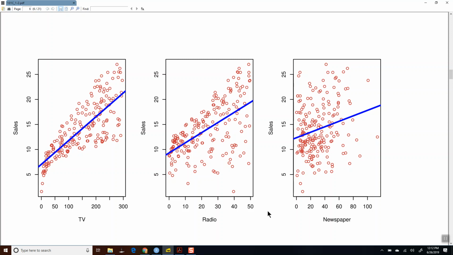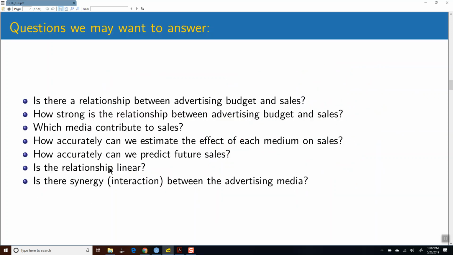We can see that as more money is spent on TV advertising, sales go up. As more money is spent on radio ads, sales tend to go up. Newspaper ads also show a positive trend, although it's a little more scattered, and we want to come up with some kind of relationship between all of this.